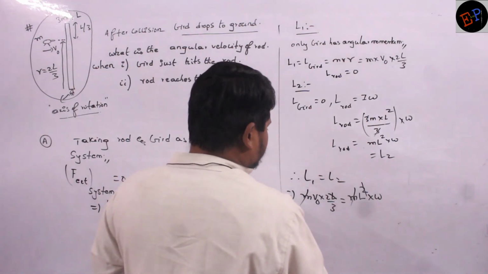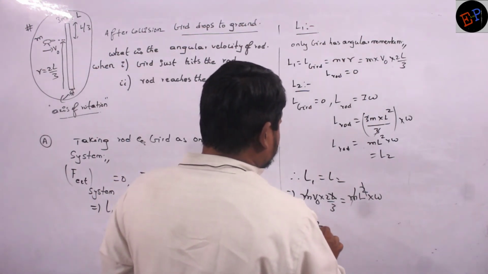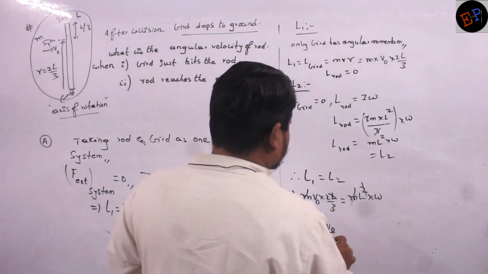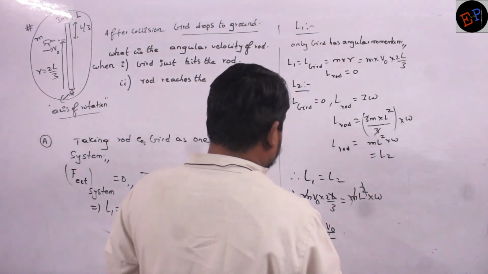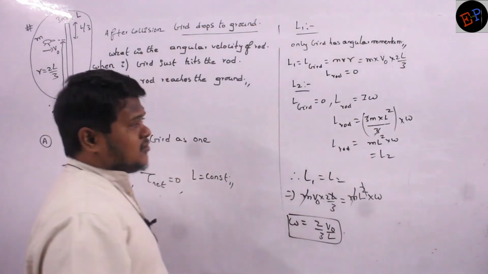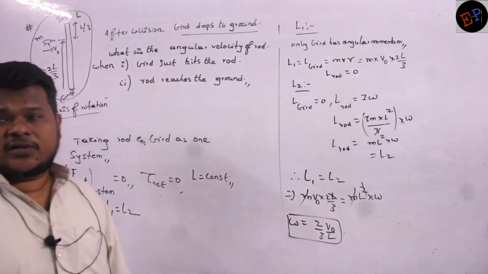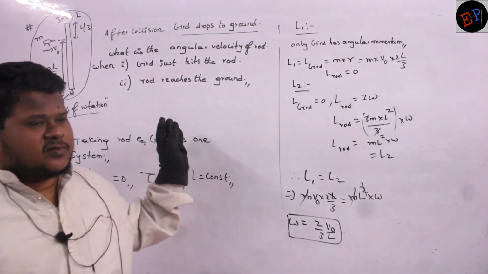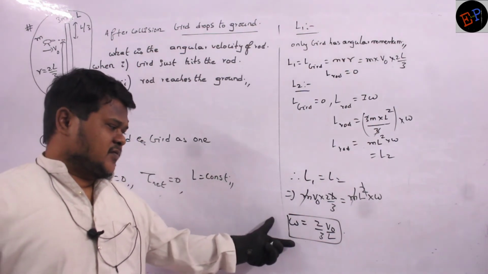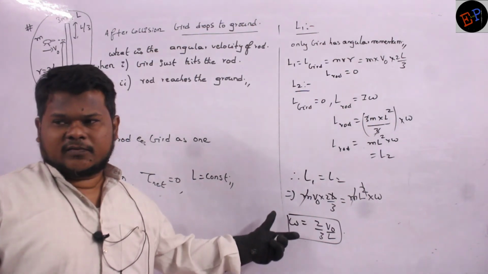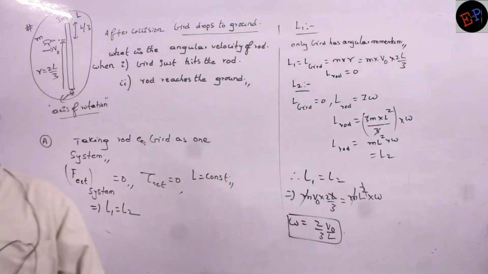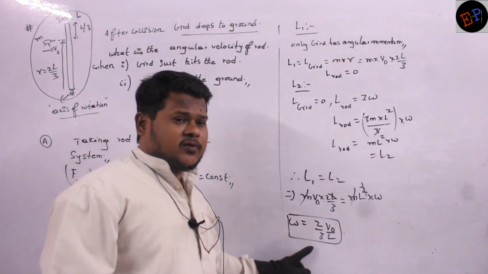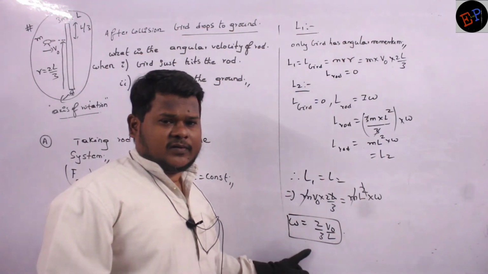Therefore omega is equal to 2 by 3 v0 divided by L. That's all. That is the angular velocity of the rod just after collision. Just when the bird strikes, the rod will start rotating with this much angular velocity.